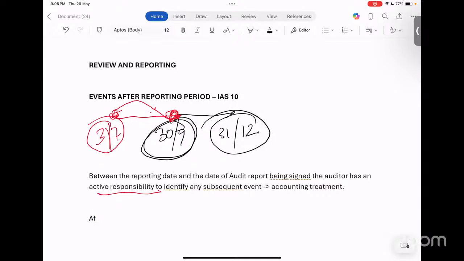So after the audit report is signed but not yet issued, the auditor has a passive responsibility.